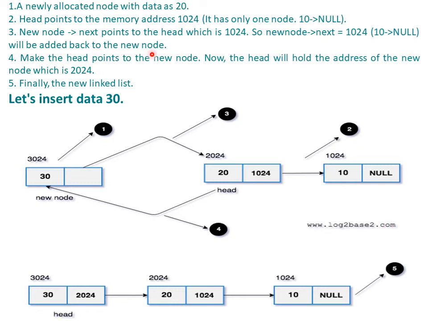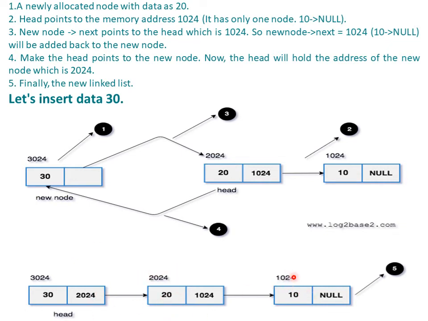It will be added back to the new node. Next, what happens? Make the head point to this node. Now the head pointer will hold the address of the new node, which is 1024. This is the head pointer, which will hold the address of this one.